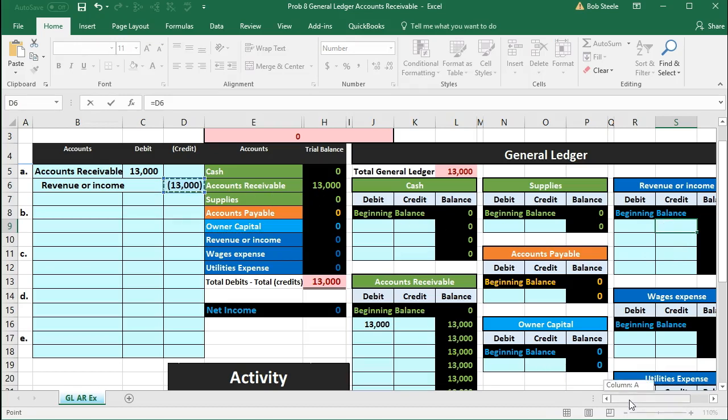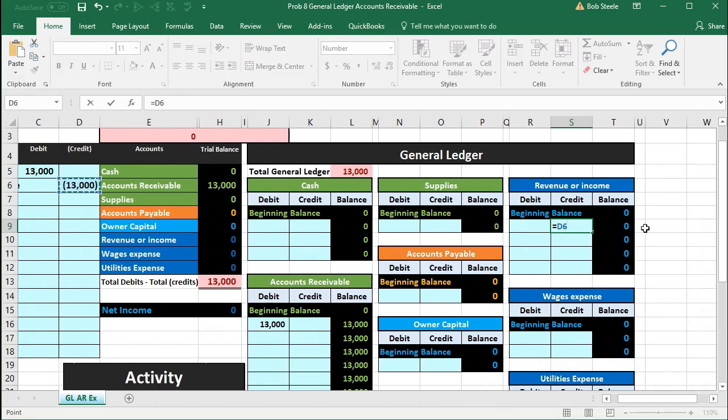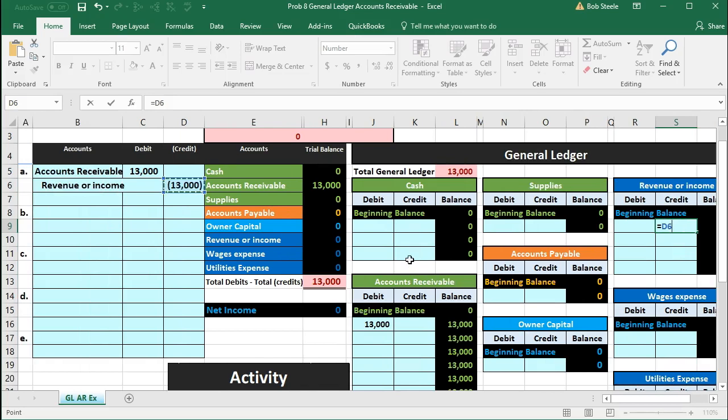Once I select enter, it's going to increase this amount to 13,000, credit direction. That amount will also pull over to here in the revenue, put us back in balance, and we'll have net income of 13,000. So there we have that, 13,000 here, 13,000 there, back in balance.